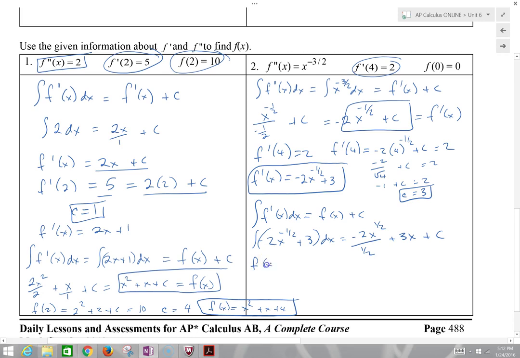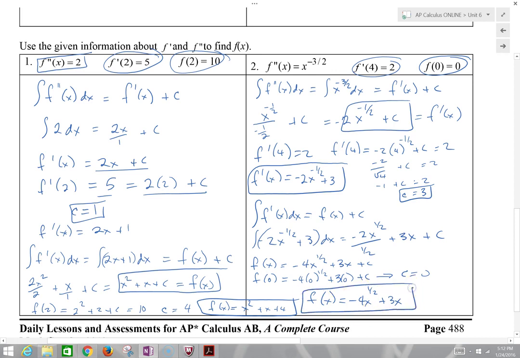That means f of x is equal to negative 4x to the 1 half plus 3x plus c. But we know that f of 0 is 0, so f of 0 equals negative 4 times 0 to the 1 half plus 3 times 0 plus c, which means c equals 0. And f of x equals negative 4x to the positive 1 half plus 3x. In this case, c was 0.